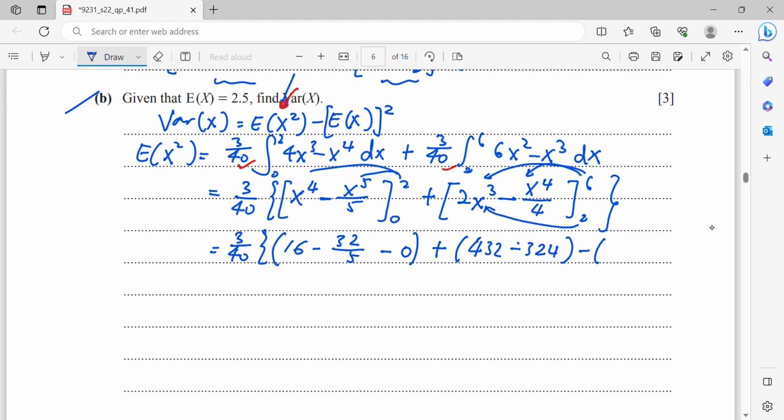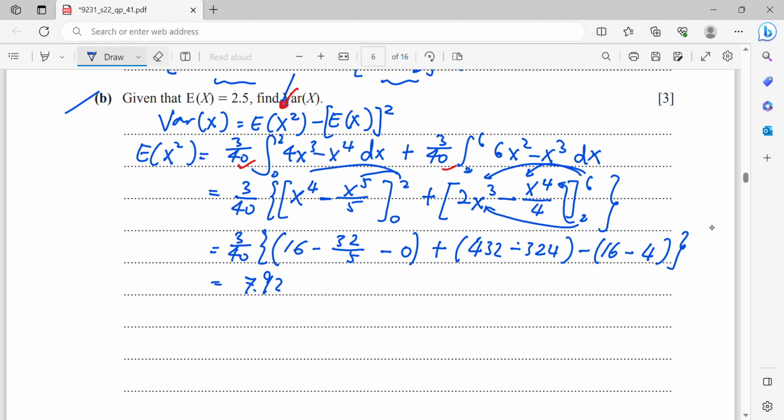So 2 cubed is 8, 8 times 2 is 16. Minus 2 to the power of 4, right? 2 to the power of 4 is 16, so 16 over 4, you will get 4. Okay, so from here, you will get 7.92. That is our E(X squared).